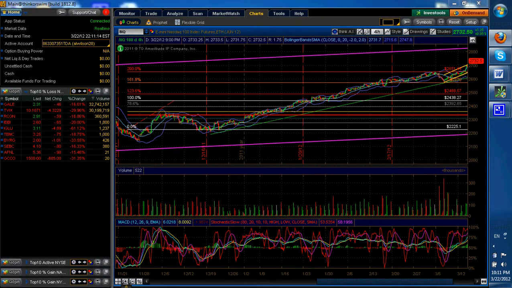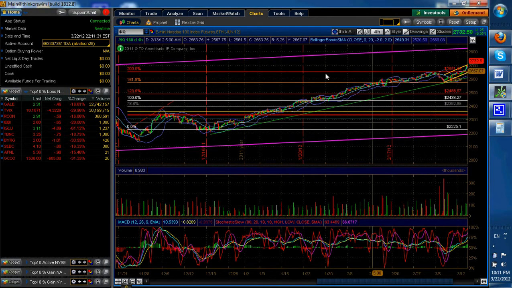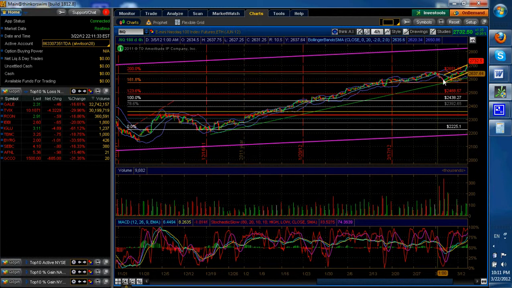And then for wave 4, as we can see, it retraced all the way down back to the 161.8% from the 200. And so if we subtract 200 minus 161.8, we can see that we got a 38.2% retracement from 3 to 4.